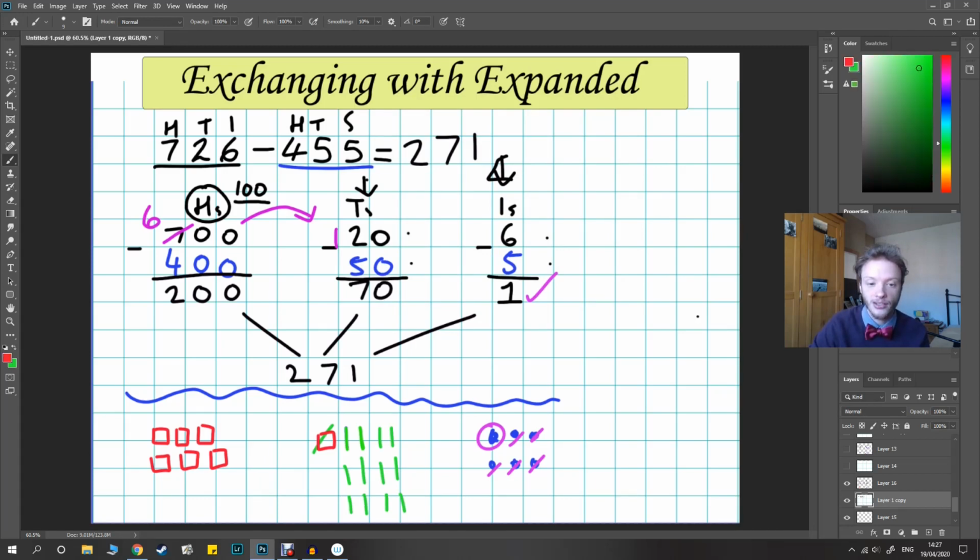I'm taking away 50, so that's 5 tens. 10, 20, 30, 40, 50, and I'm left with 1, 10, 20, 30, 40, 50, 60, 70. Cool. I've then got 100, 200, 300, 400, 500, 600. Take away 400, so that's 100, 200, 300, 400. Leaves us with 200.